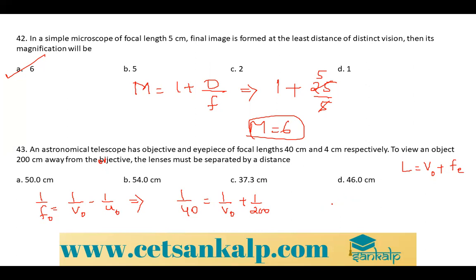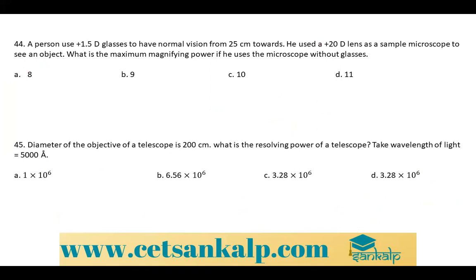So when we shift and solve, we will get VO as 50 centimeter. So 50 plus 4 is 54. So option B. Clear? Next.